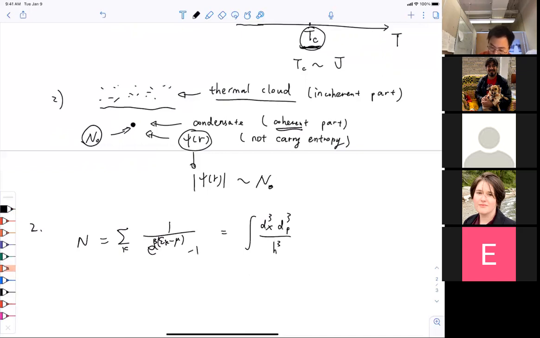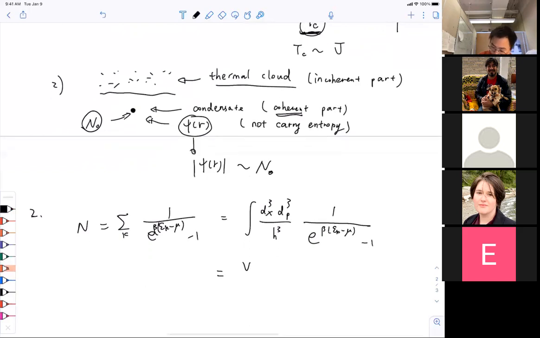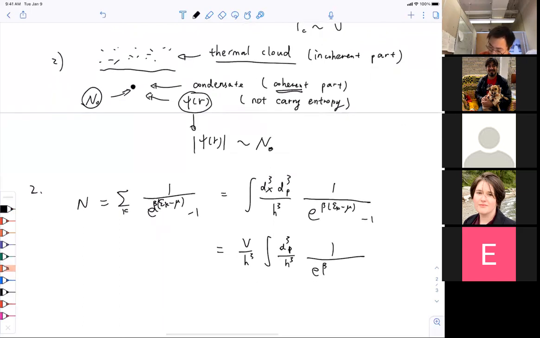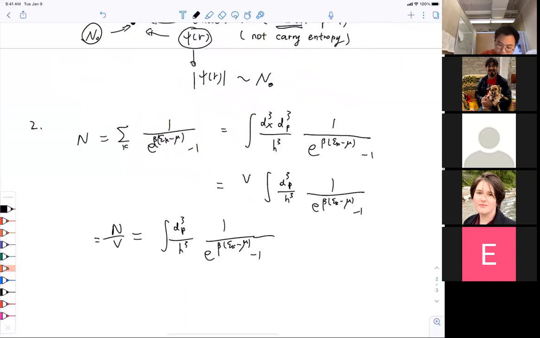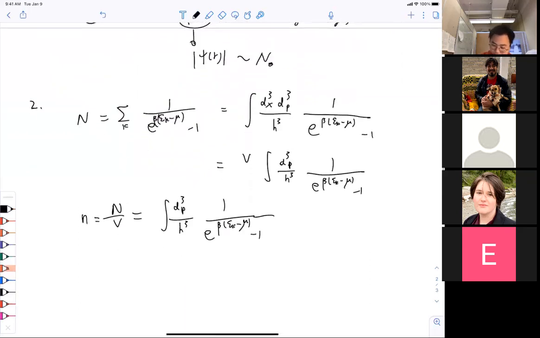This is the states, and also we have the distribution. So we have V d p, and we have n divided by V equal to some integral. This is the density of the particles.